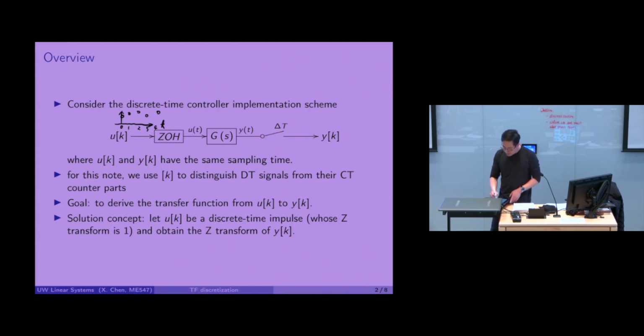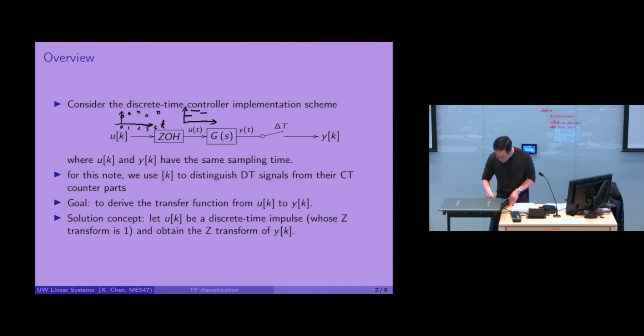It goes through a holding mechanism that will translate this discrete time sequence into a continuous time function, a continuous time signal. What we care about in here is something called zero-order hold. It holds a signal in this way, just holds it flat between the sampling instances.